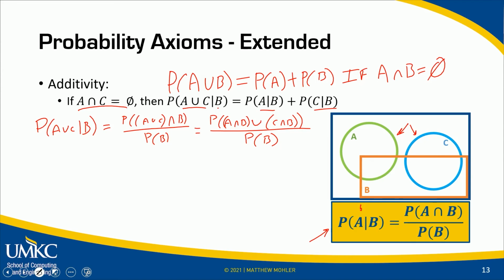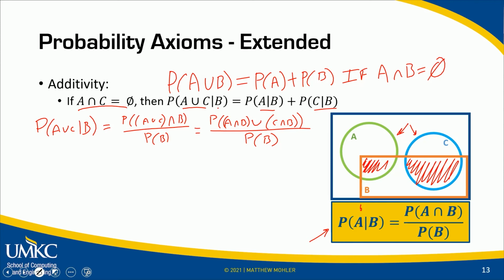We don't have any conditions. We just have two things unioned together: A intersected with B is this area here, and C intersected with B is this area here, which, since A and C are disjoint, must also be disjoint.